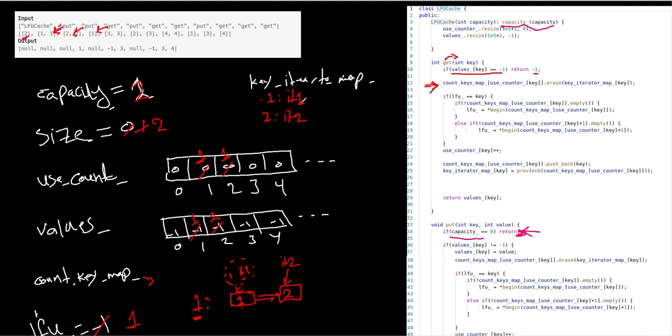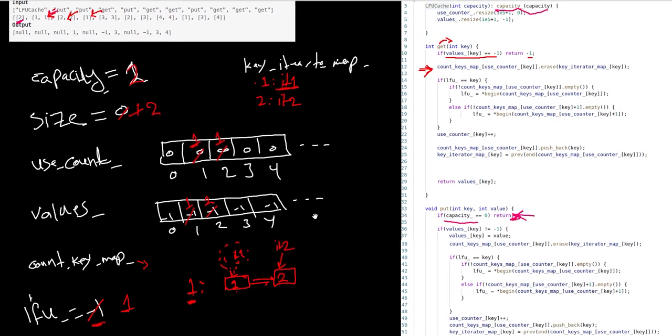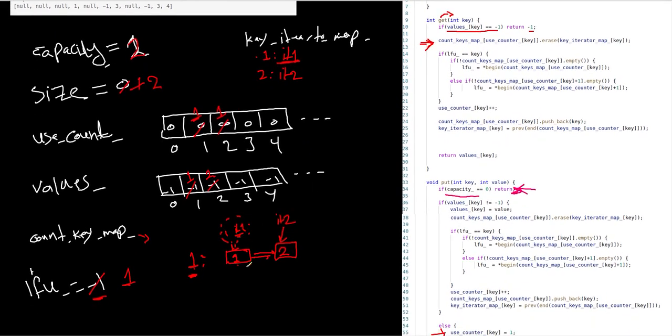So the key 1 is mapped to it1 or iterator 1, which is this one, and we need to remove this, and the linked list will have count 1 with the key 2, and later on we will assign the value 2 for the key 2.